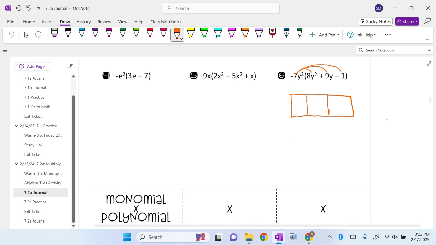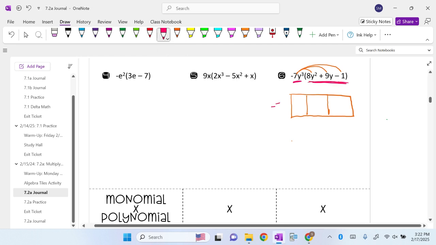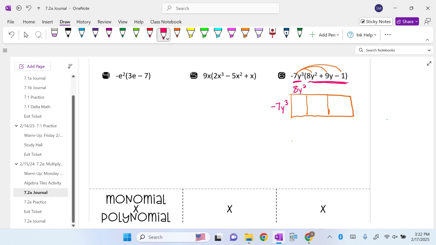However many terms is in your first factor, so 1 term, and however many terms is in your second factor, which is 3 terms, so a 1 by 3. So I would have negative 7y cubed on the side, 8y squared over one column, plus 9y over the other, and minus 1 over the last column. Make sure you keep your signs when you're placing things on top of the box, just so you know that they're there.